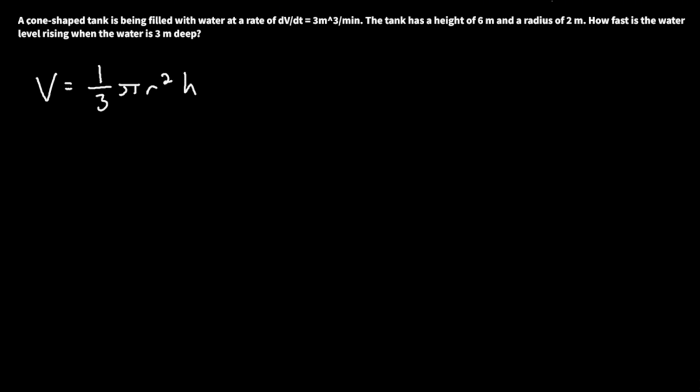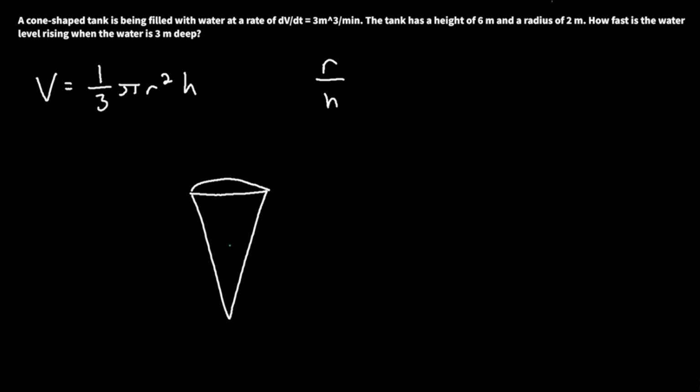Now, a property of a cone, keep in mind this is a geometrical property, is that the ratio between the radius and the height stays the same throughout the entire cone. So let's say you have a cone, right? This is just the cross section of the cone. The cone actually looks like this.